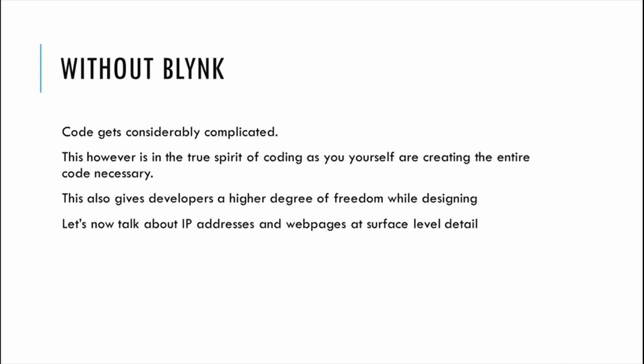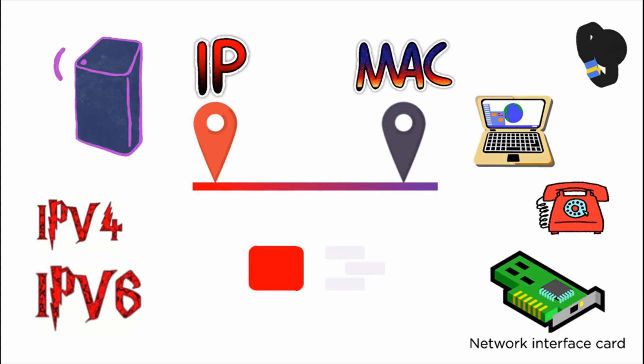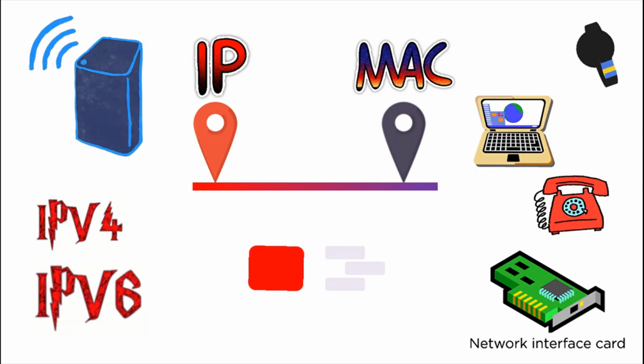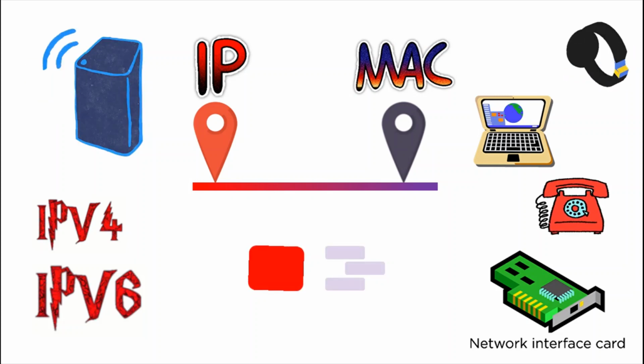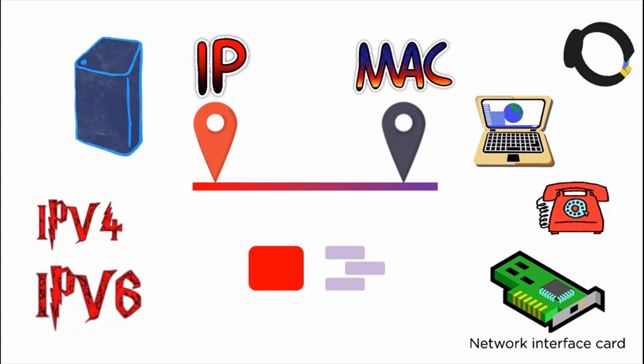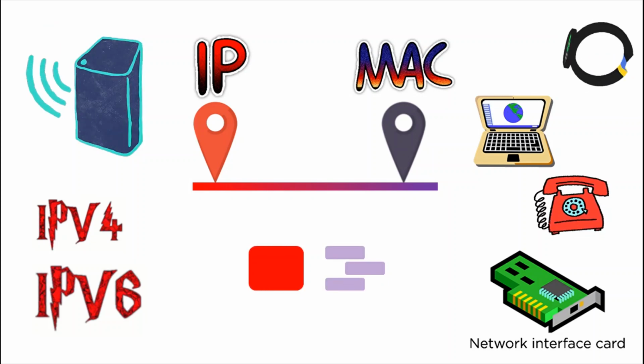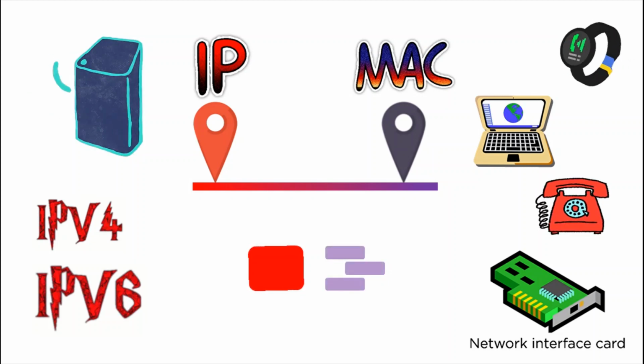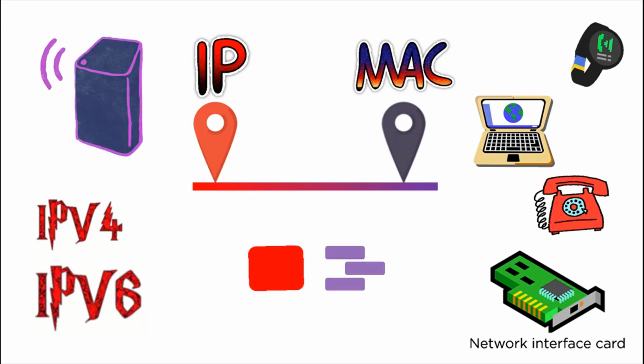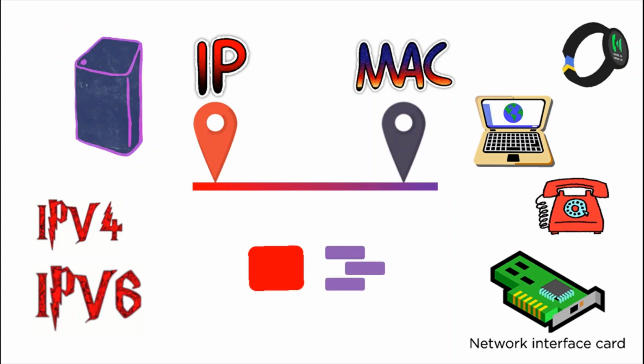Now, without Blink, your inner creative talents tend to come out, but it gets very hard. Now, this is a main difference that you have to understand: an IP versus MAC address. Generally, every device that you have, your phone, your laptops, your smartwatches, anything, can have this thing called a network interface card.